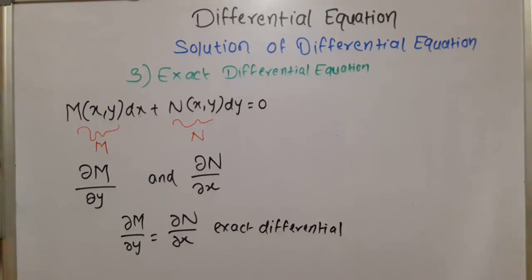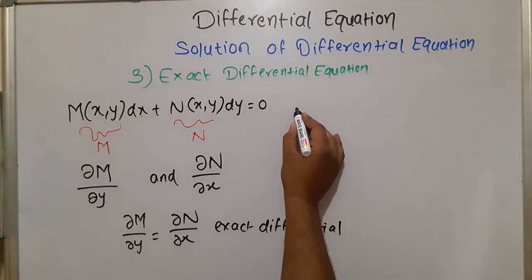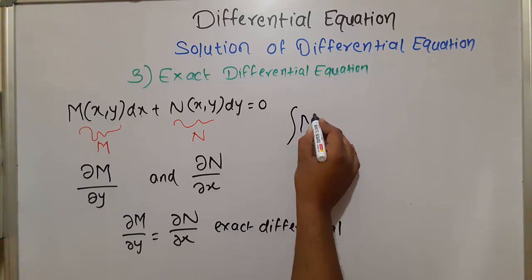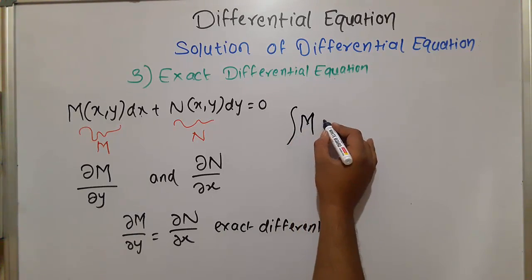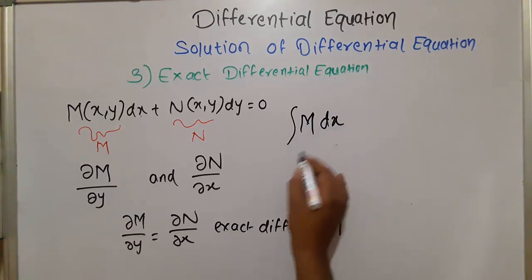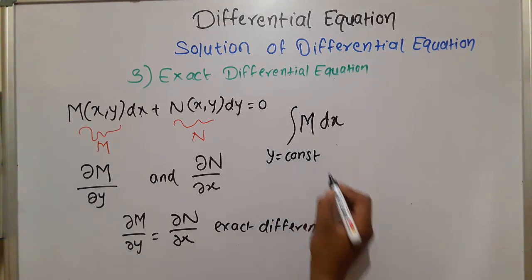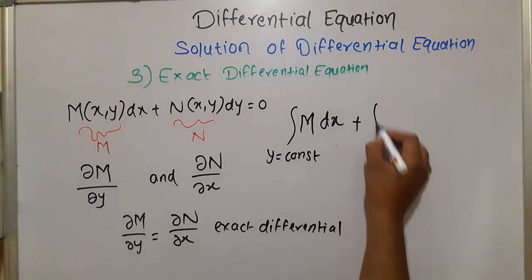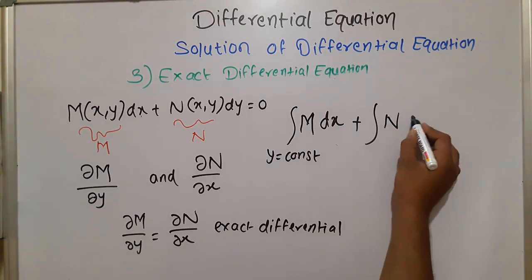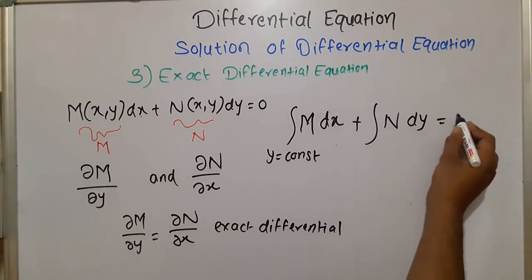Now the question remains: what is the solution of the differential equation? To find the solution, we take the integration of M dx, but in this, y is taken as constant, plus the integration of N dy equal to c.